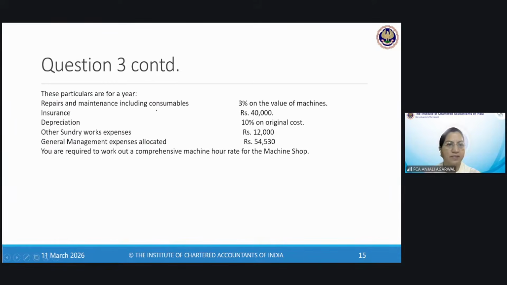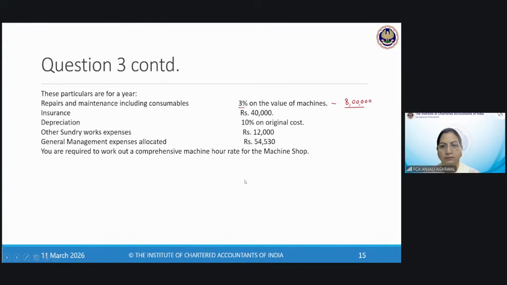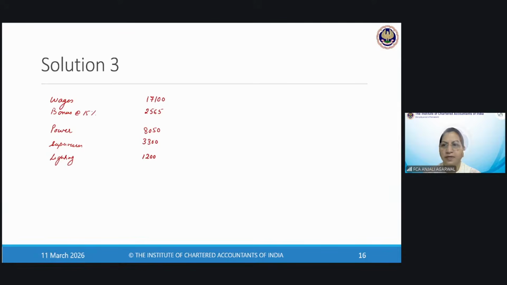Then there are some expenses which are for the year. Repairs and maintenance, including consumables. So the value of the machines is 8 lakh. There are 8 machines, each of 100,000 or 1 lakh, right? So 3% of 8 lakhs, repairs and maintenance would be 24,000.